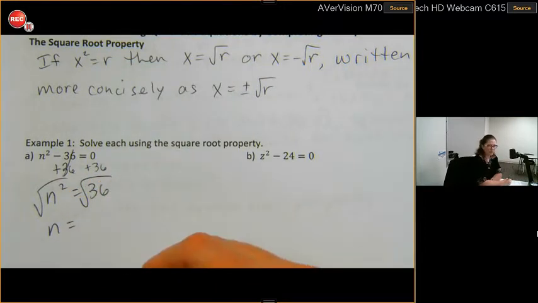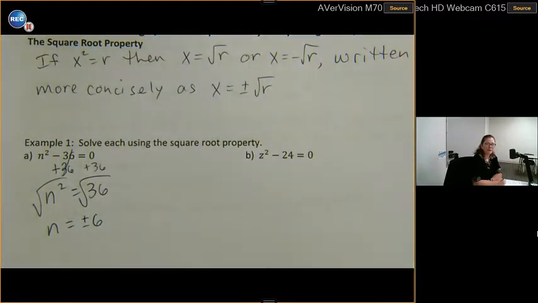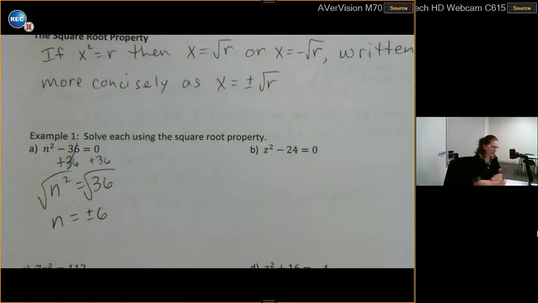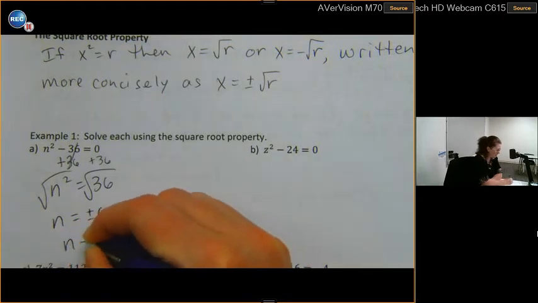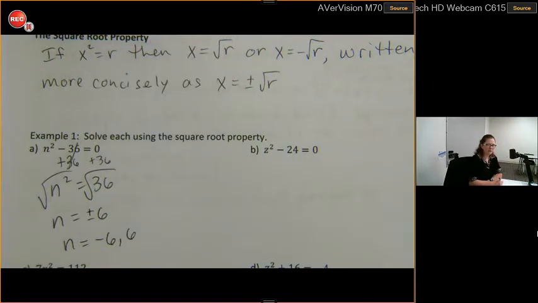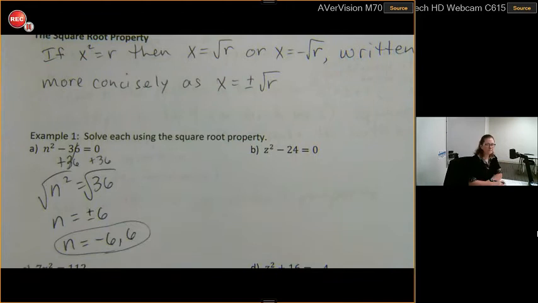The square root of 36, if I'm writing it by hand, is plus or minus 6. In MyLabs, make sure you follow instructions for how they want you to answer it. If they say separate answers with a comma, then you're going to write it as two separate answers. So that one was nice because it came out as a whole number.